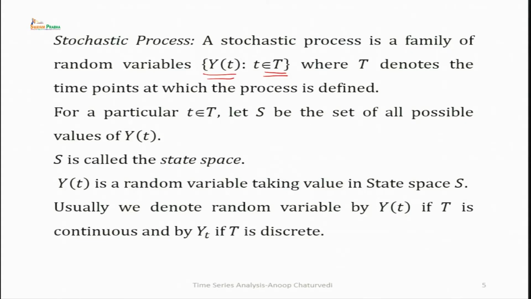Here it is called the state space. So, y_t is a random variable taking values in the state space S, and this is a common notation. Usually we denote the random variable by y(t) within brackets if t is continuous, and y subscript t if t is discrete.